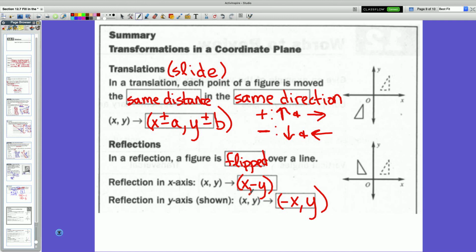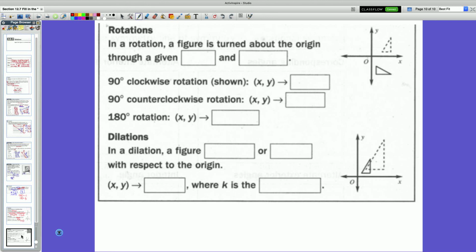Then we moved on and we did rotations. So in a rotation, a figure is turned about the origin through a given angle and direction. And remember, our two directions were clockwise and counterclockwise. For 90, we had three rules here.